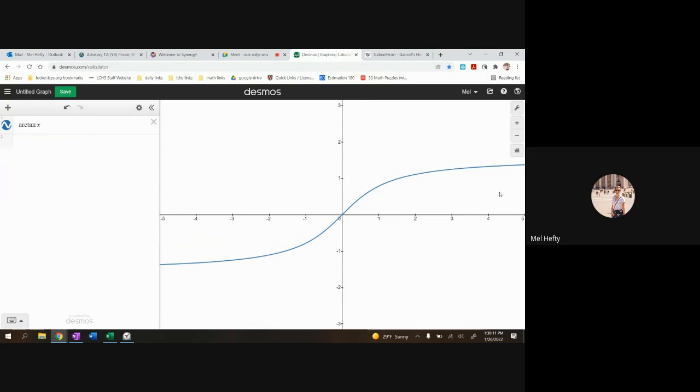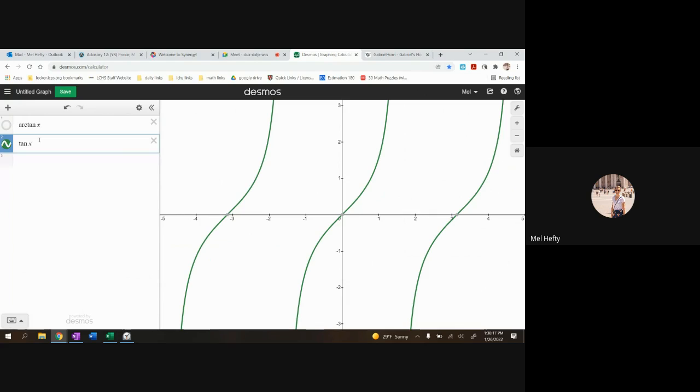Remember, arctangent and tangent are inverse functions, so I'm looking at where the vertical asymptotes are on tangent to find where arctangent goes towards positive or negative infinity. Does anyone remember where our regular tangent had its vertical asymptotes?